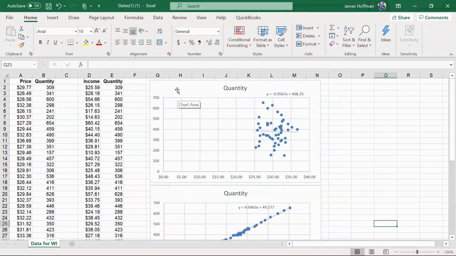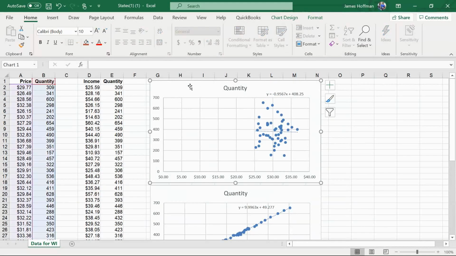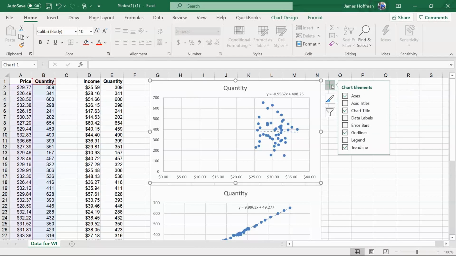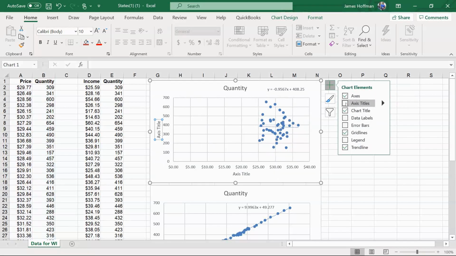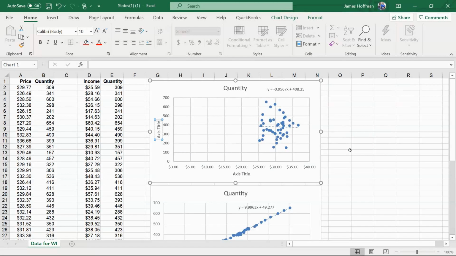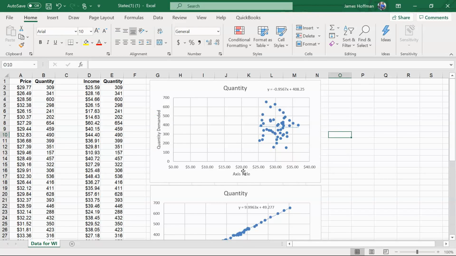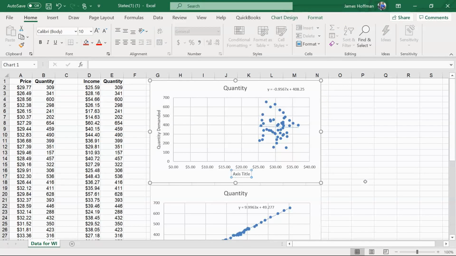Okay, so make sure you know which chart is which. This is the first one, you can see it's price and quantity, so I can make little labels there. Add chart elements, actually, axis title. This is quantity demanded, I guess. And then this is price.